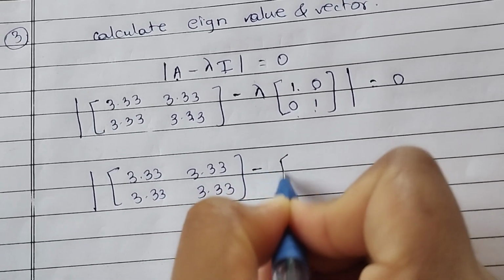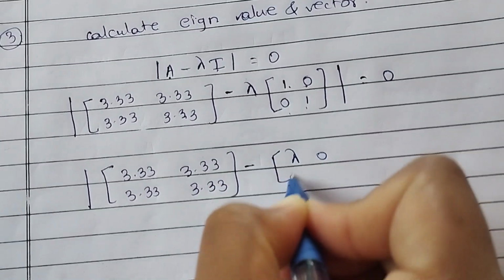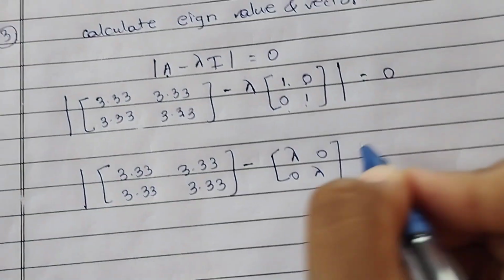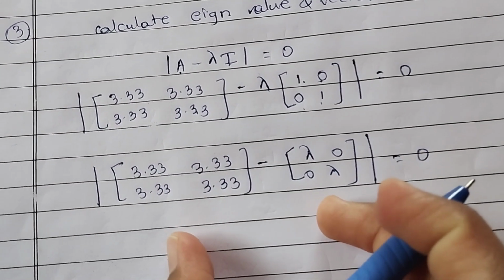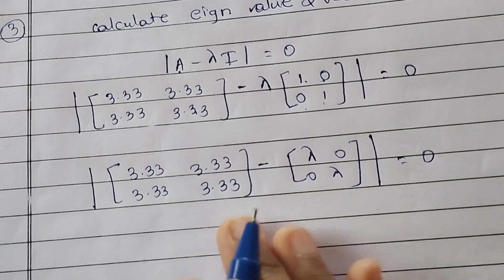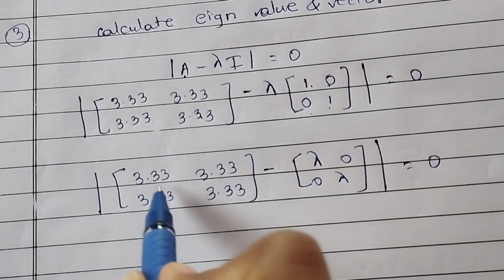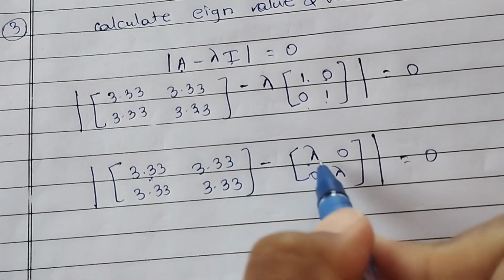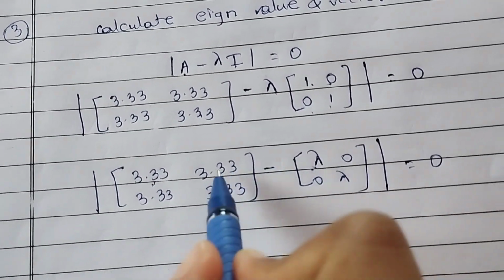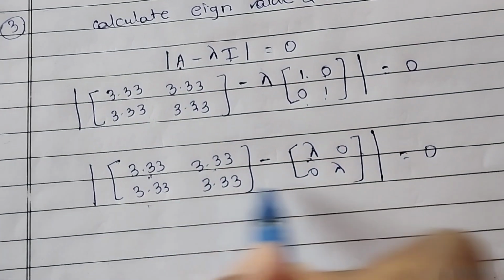Minus lambda 0 0 lambda, equal to 0. Now we perform the subtraction. So how do we perform the subtraction of the two matrices? Each term subtracts from the corresponding term: this first term minus this first term, this minus this, this minus this.